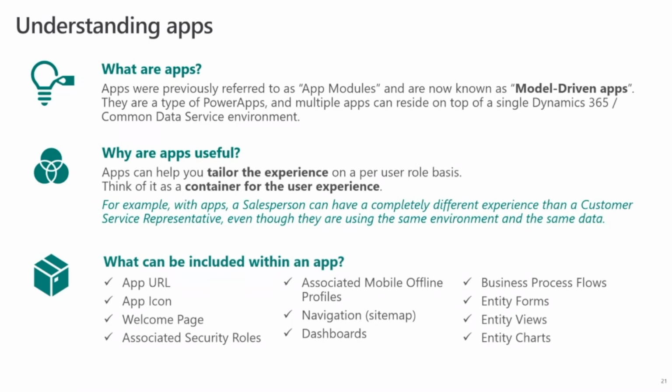You can have different navigation, so sitemap per app. You can handpick the dashboards that will be included in your app. You can handpick the business process flows, and for each entity, you'll be able to pick the forms, views, and charts that are included in your app. So really, it's a container for the user experience.